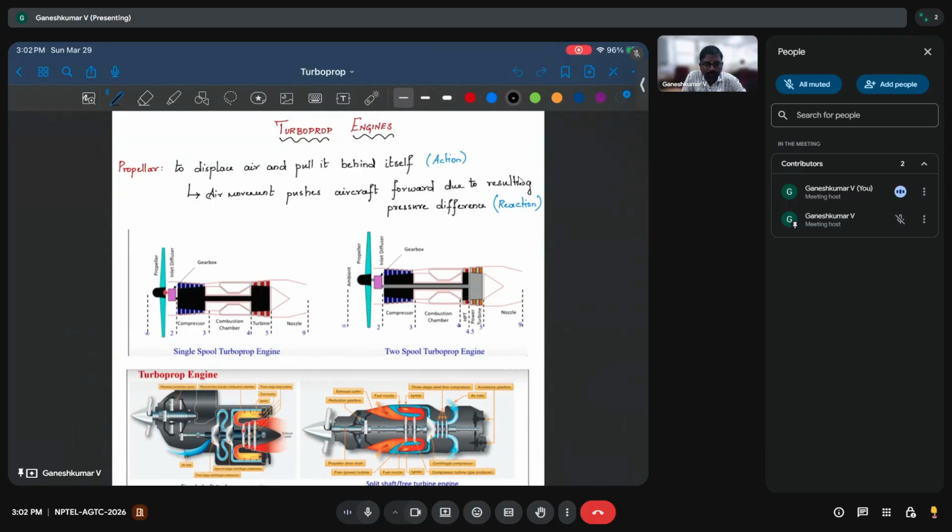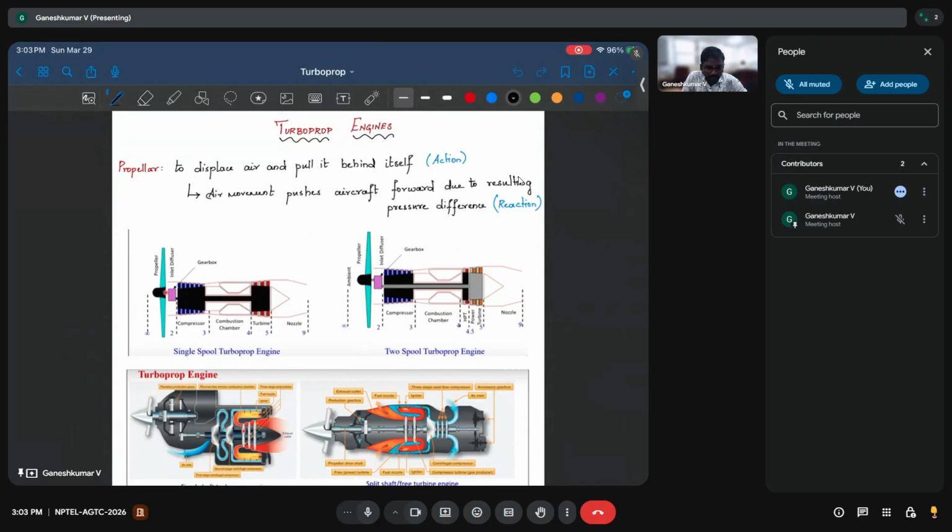The amount of air the propeller displaces gives a push towards the forward movement of the aircraft due to reaction, and that thrust is what we are interested in. If we rotate the propeller or give high power to it, you are going to get higher thrust. That is the idea of the turboprop engine, but the energy is coming from the turbine.